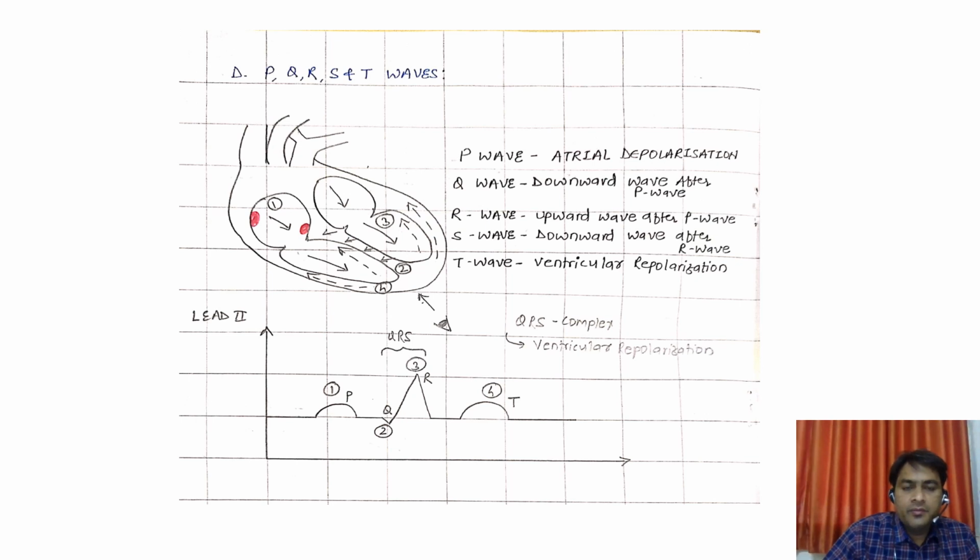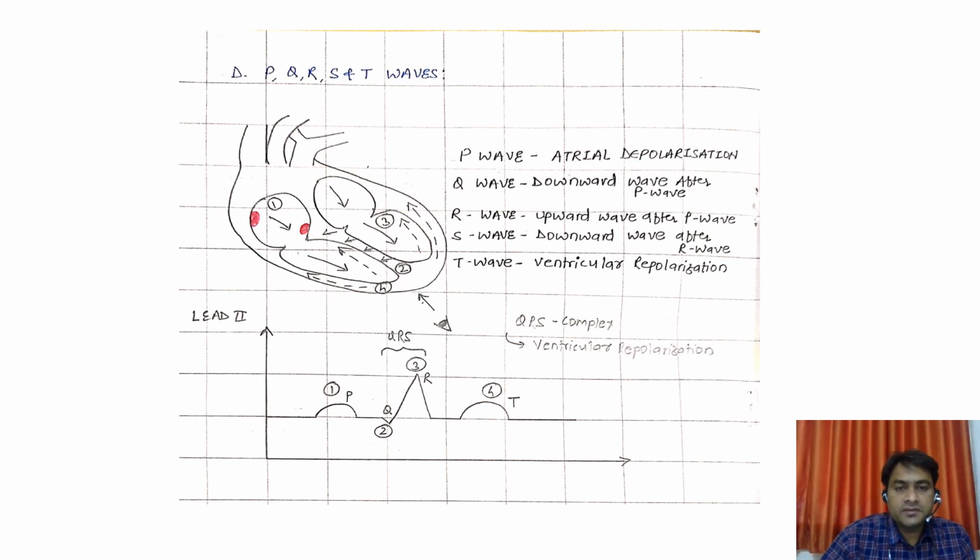This is the SA node, this is the right atria, this is the left atria. The depolarized wave is moving towards the recording electrode, see, this is lead 2, this is the placement. By convention, if the depolarized wave is moving towards the recording electrode, it is recorded as a positive deflection. That's why the P wave is positive. You see this P wave is positive because its direction is towards the recording electrode.